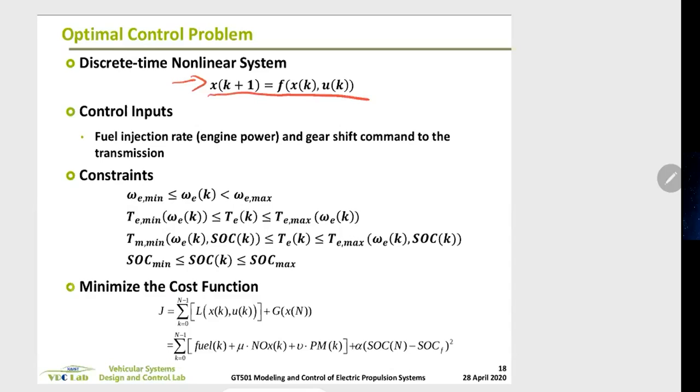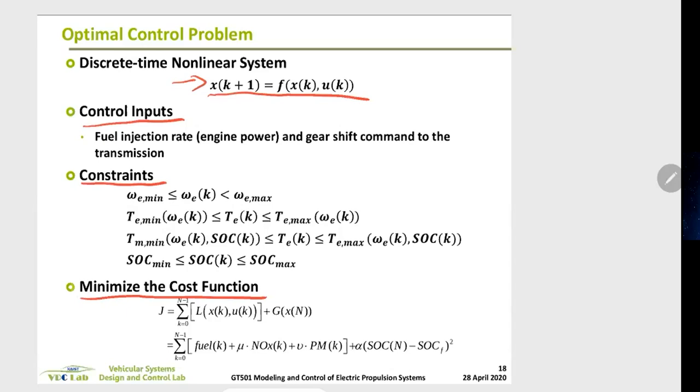And then you need to define what your control inputs are, and what constraints you have, and then you need to define your cost function, sometimes called value function.